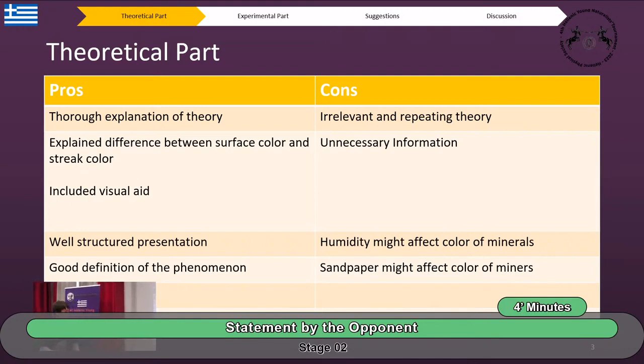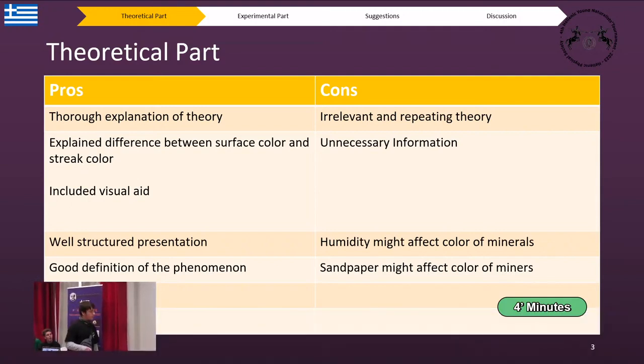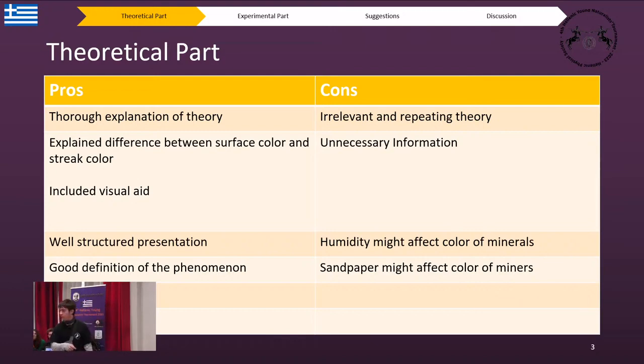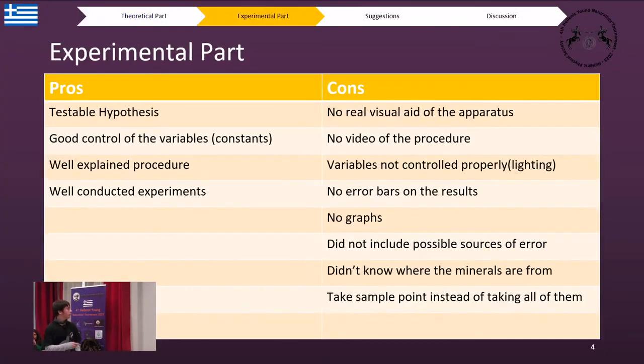They had some unnecessary information. They didn't mention the significance of humidity and how it can affect the color of minerals. And that's actually a problem with the experimental part: they used dark sandpaper that might affect the color of the minerals, and that might affect the color of the streak.